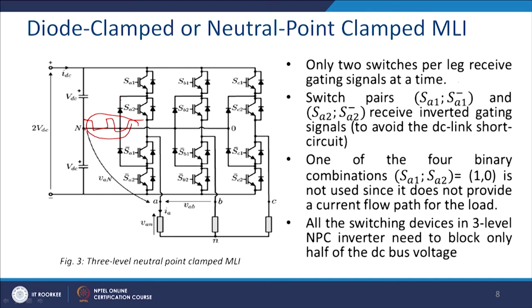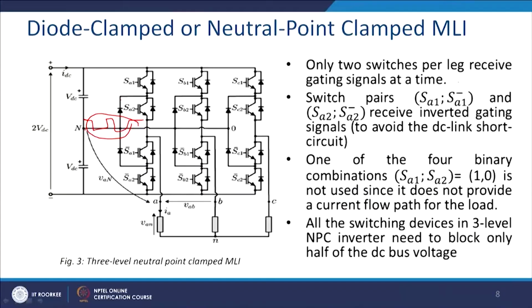So, this is the optimal circuit you will get, and ultimately this is the diode clamp realization, where when you give pulses, accordingly switching takes place. So, what is the switching configuration? Only 2 switches of the upper leg receive the signals to generate plus VDC, only 2 switches of the lower leg will get a signal for generating minus VDC.